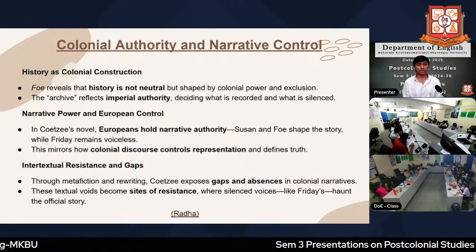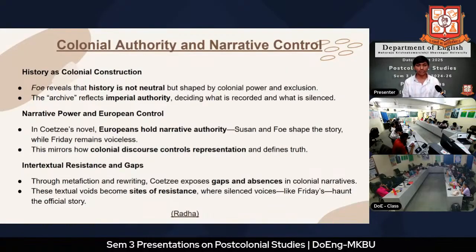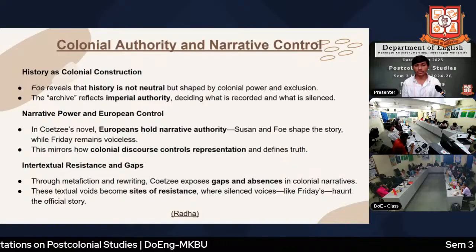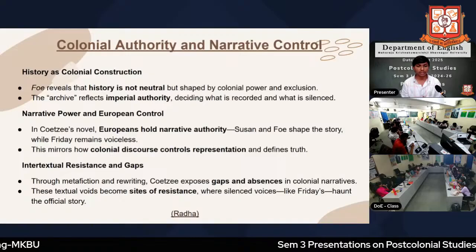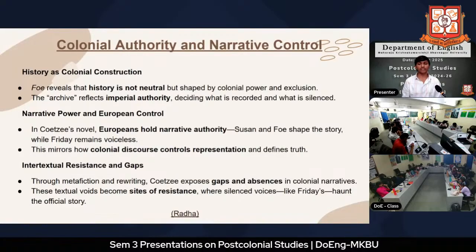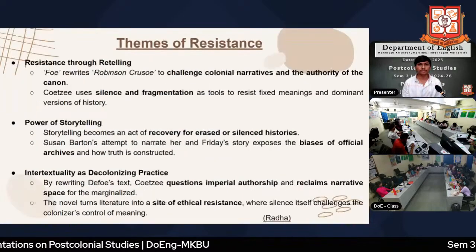This mirrors how colonial discourse controls representation and defines truth. Through metafiction and rewriting, Coetzee exposes gaps and absences in colonial narratives. These textual voids become a site of resistance, where silenced voices like Friday's haunt the official story.